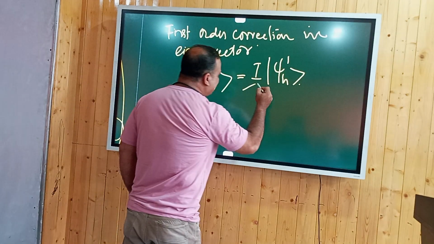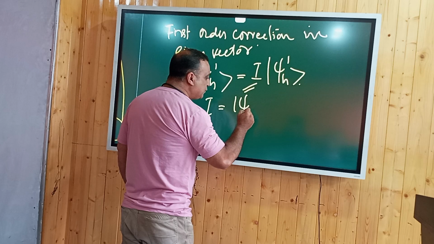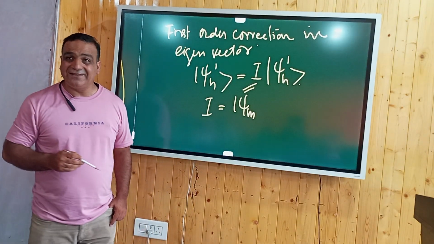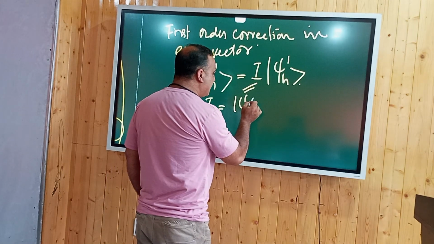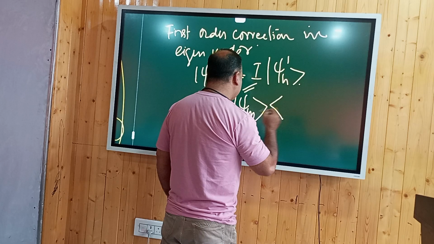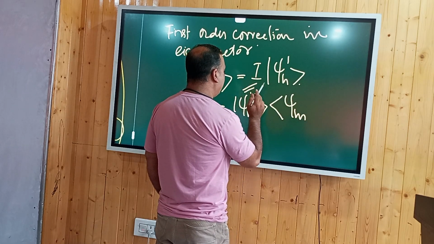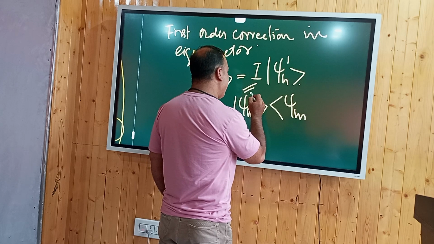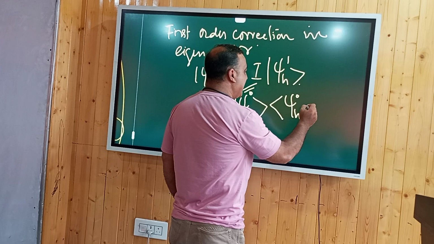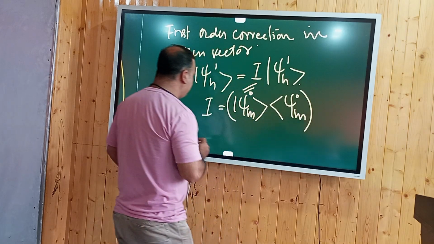And I can write down this I as the completeness relation. I will choose another basis. What am I doing? I'm choosing another basis in the same framework as ψm. I write its outer product, ψm0, the unperturbed basis, and then I will write a bracket for it.